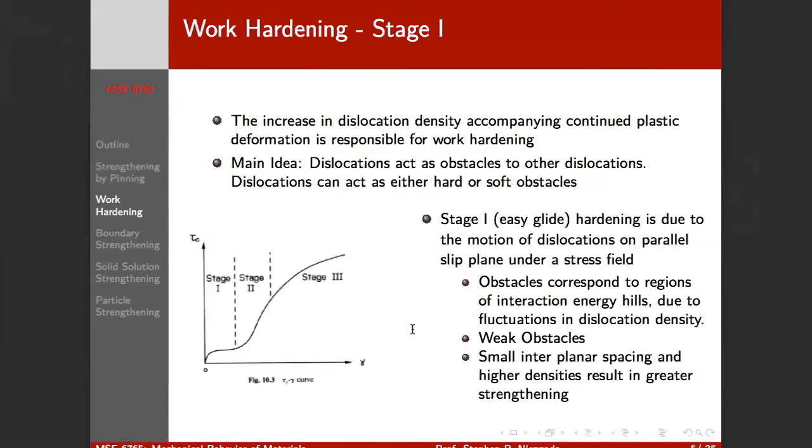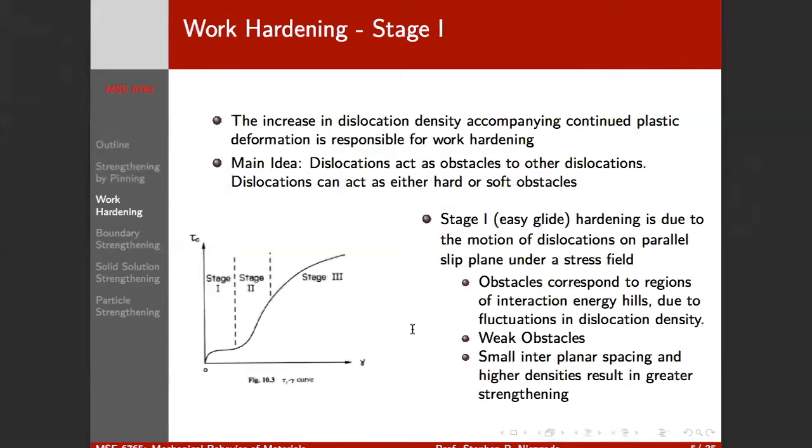And he likened early glide to a laminar flow regime, and stage 2 and stage 3 hardening to the transition to turbulent flow. And he says, unlike in fluid dynamics, we don't yet have the concept of a Reynolds number to parameterize this transition from one mode to the other.